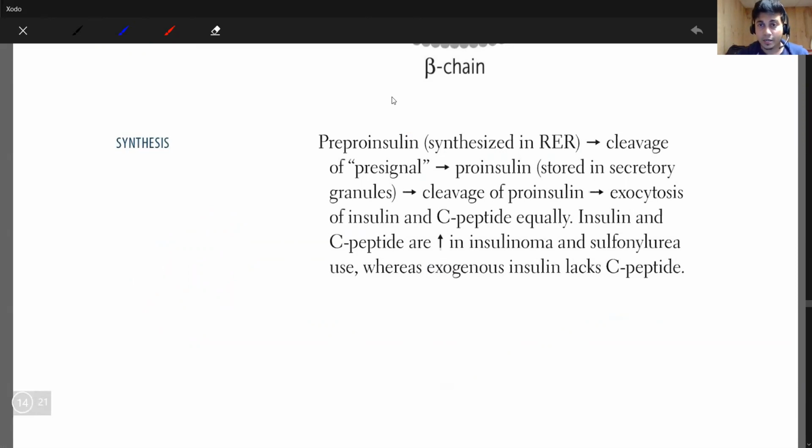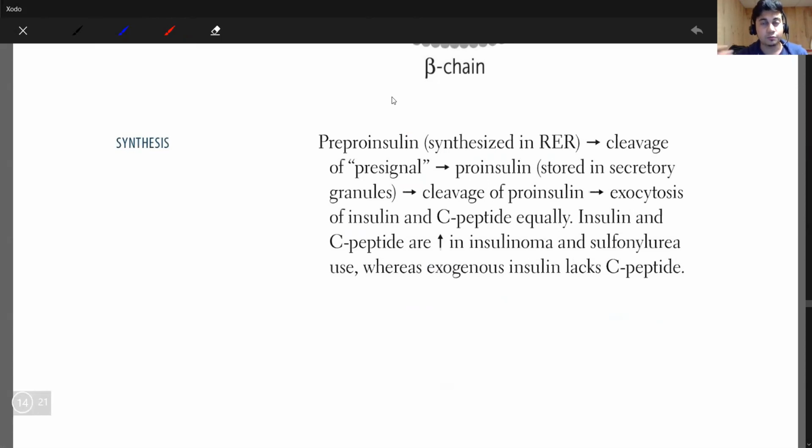All right. Now, while this insulin is generated and has this signaling molecule attached to it, the signaling molecule is signaling the insulin to go inside the rough endoplasmic reticulum, because there is some other procedure that will happen inside it.